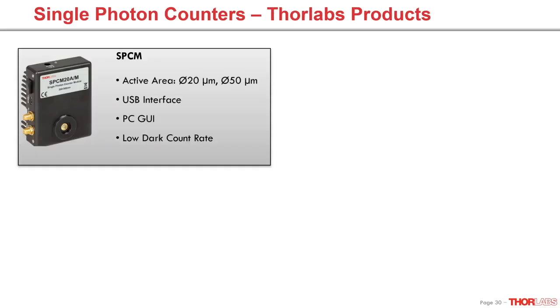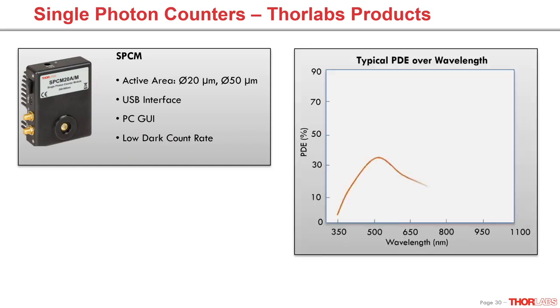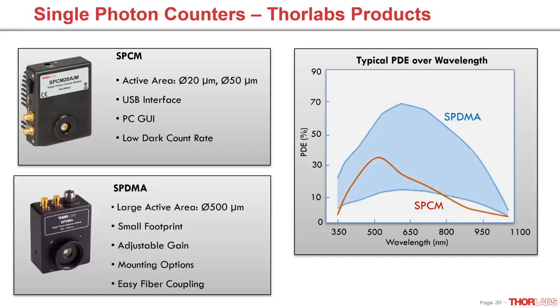The first unit, the SPCM series, has its highest detectivity in the 500 nanometer range and comprises a complete counting unit and a convenient PC operation via USB. The soon available SPDMA has a sufficient PDE over a broad wavelength range, especially in the near IR.